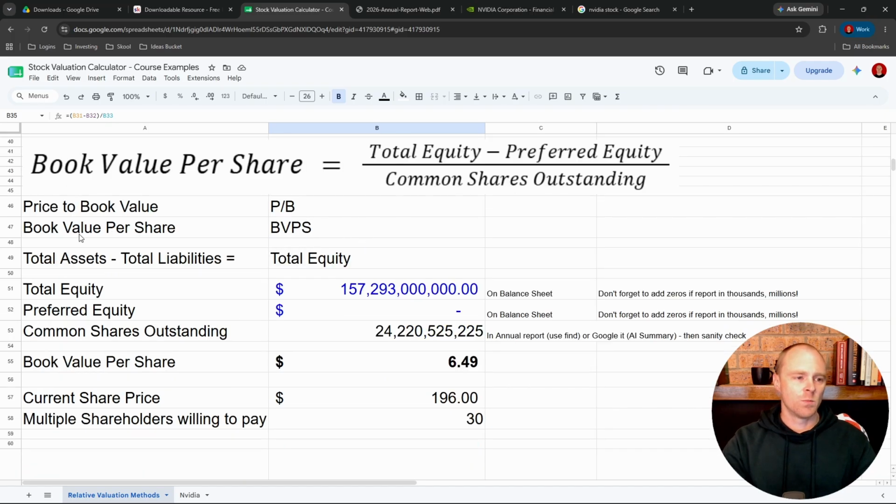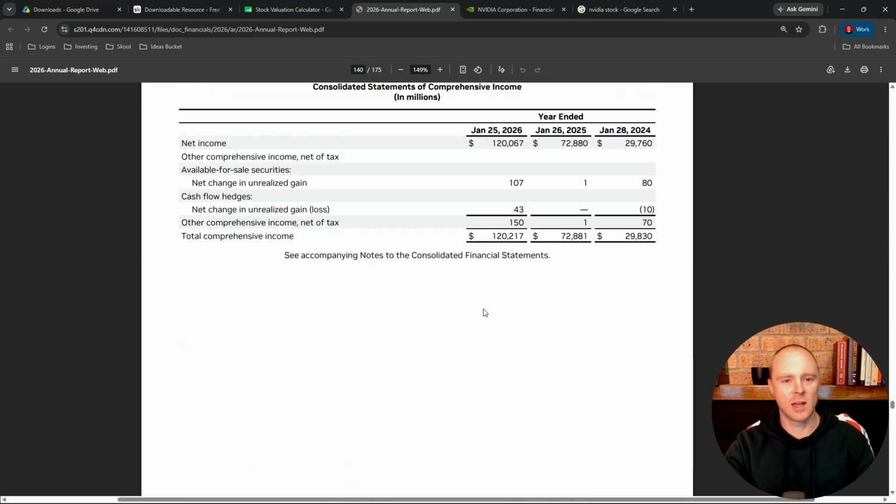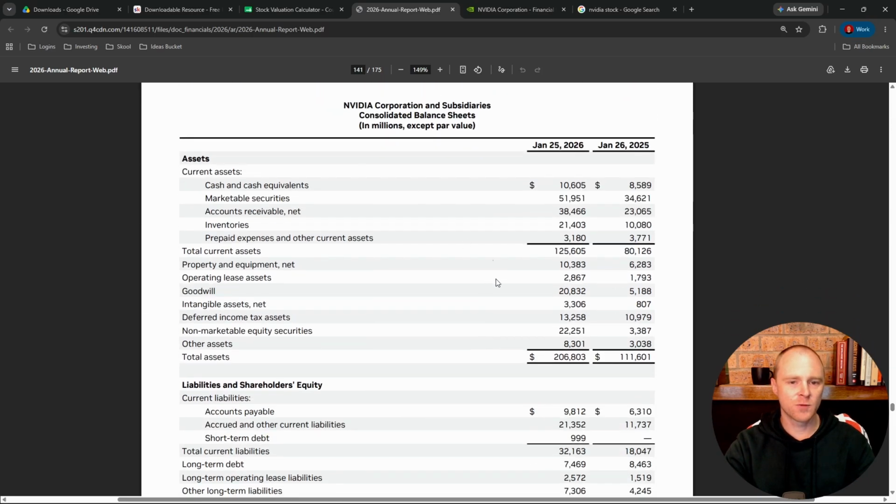Now we've also got price to book, which is also known as book value per share or BVPS. Now, all that we need is the total equity. And equity is just total assets minus total liabilities. We can find that on the balance sheet. So let's go back to our annual report. Go and have a look for the balance sheet.